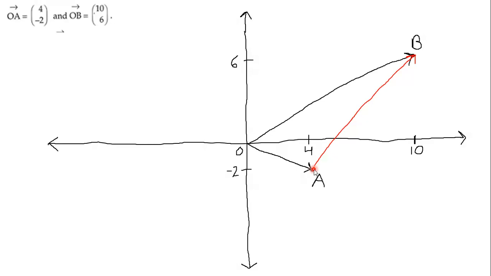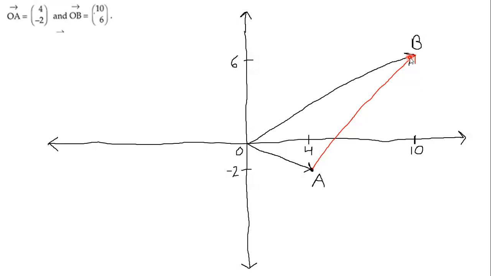Now OB, the vector OB is here, because we have 10 and 6. And so the vector OB is here, and the vector OA is here. Now, where's the vector AB? Well, the vector AB would be represented by this red line because we start at A and we end at B. Okay, so this is the vector AB.